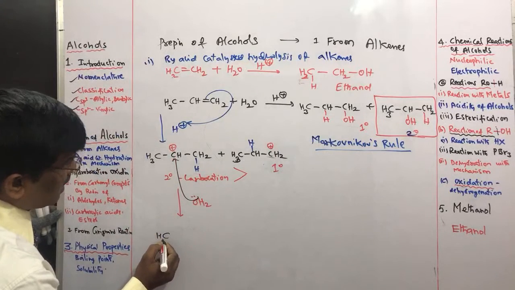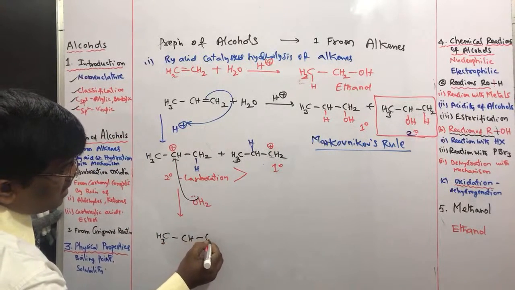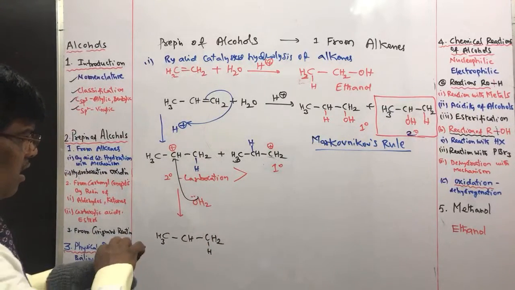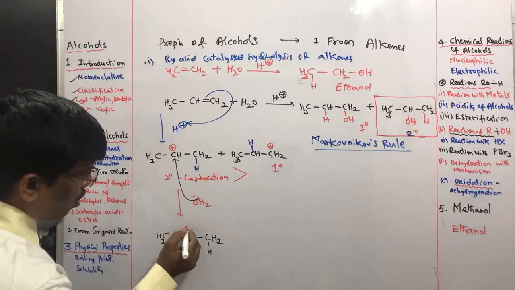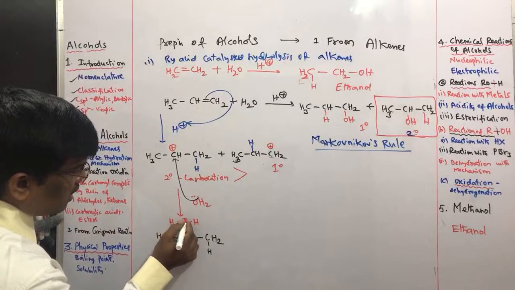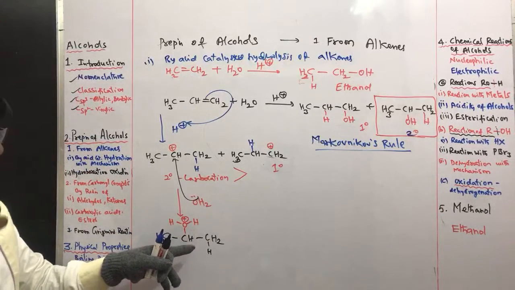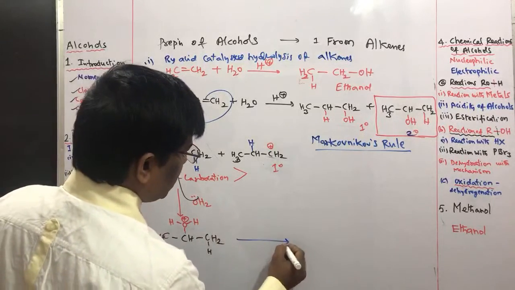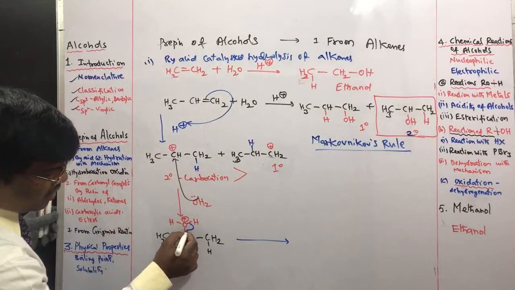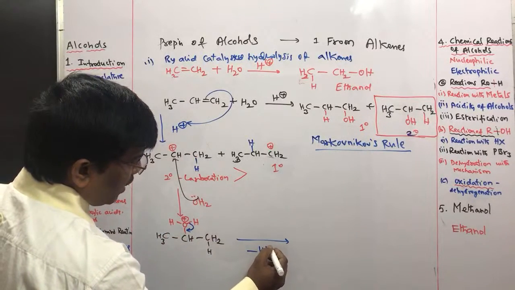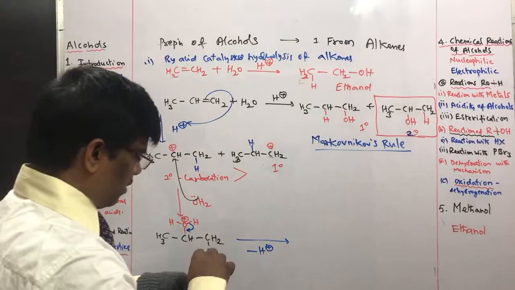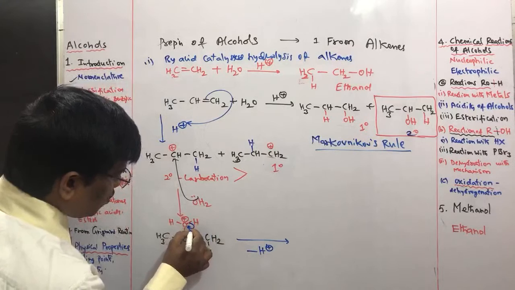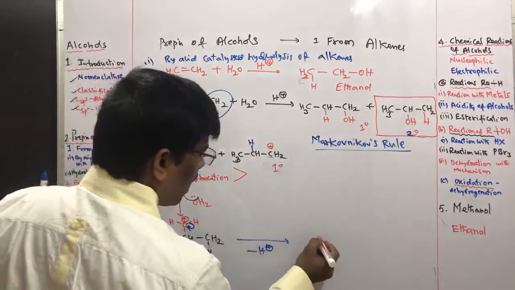This is the second step, where we are going to get an oxonium ion, with hydrogen on the oxygen. It is positively charged, so the excess hydrogen is going out. Removal of hydrogen gives the alcohol.